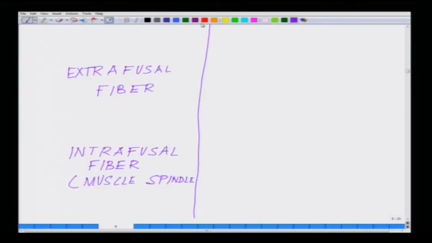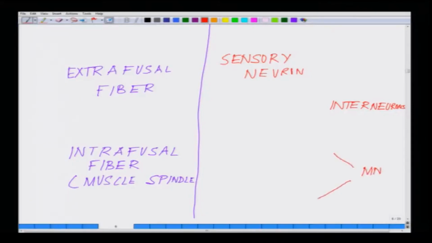On this side you have sensory neurons. You have interneurons, one or multiple. Then you have motor neurons shown by Mn, alpha and gamma.